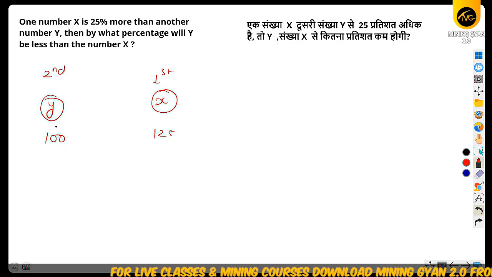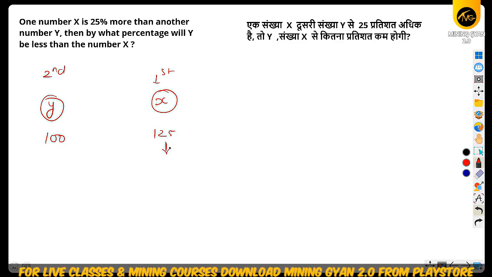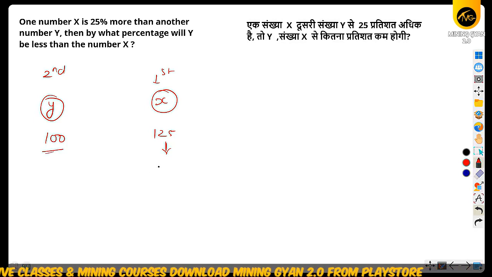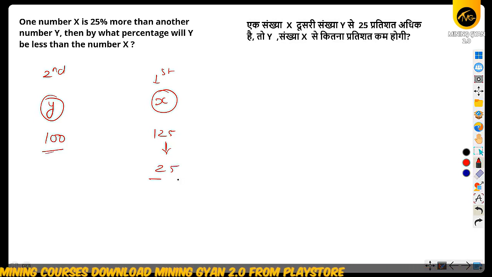Is it clear? Now, basically it's asking what percent 25 is of 125. So basically you have to find out the percentage form of 25. So 25 divided by 125 into 100.